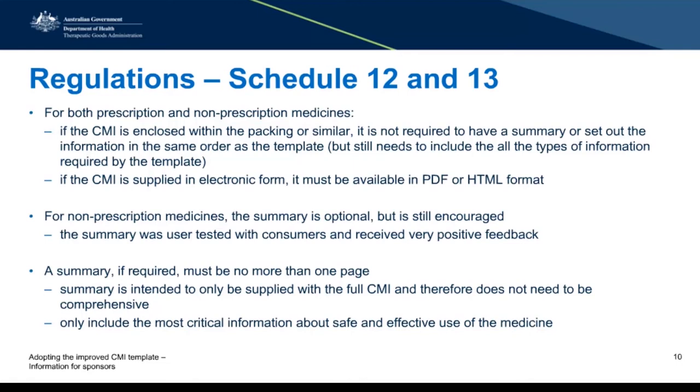So those considerations have been made. We've made those exemptions. If the CMI is supplied in electronic form, we have required that it be available in PDF or HTML format. And that's just because those formats are the ones that are most commonly and easily accessible for consumers.